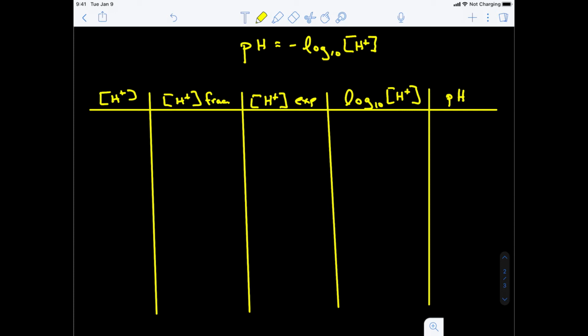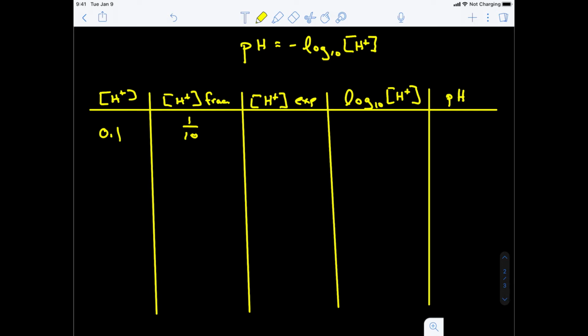Okay, so let's start by writing a few concentrations, and all these concentrations are represented in molar units. So we'll start with a concentration of 0.1 molar hydrogen ion concentration. We can rewrite that as a fraction. That's 1 over 10.